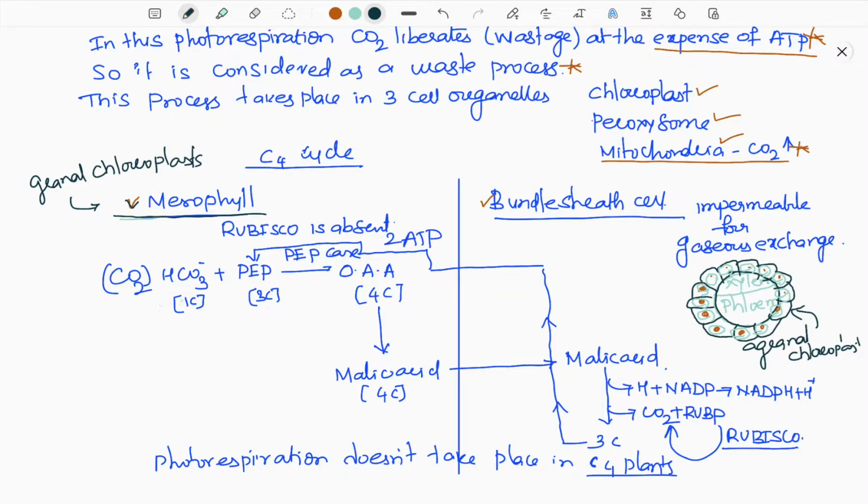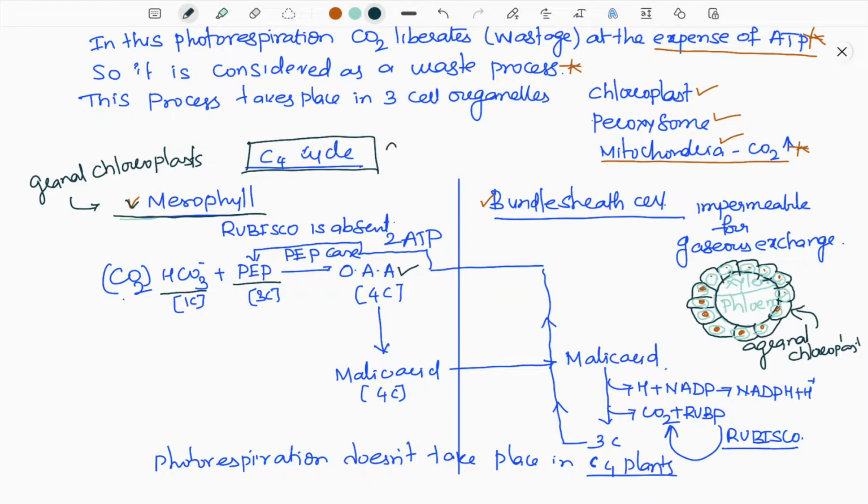You see, primarily the carbon dioxide is accepted in the form of bicarbonate ion by PEP, phosphoenol pyruvate, a 3-carbon organic acid, as it accepts the carbon dioxide and forms oxaloacetic acid. Oxaloacetic acid is formed here, that is a 4-carbon organic acid. Hence, the cycle is the C4 cycle, and the plants are called C4 plants.